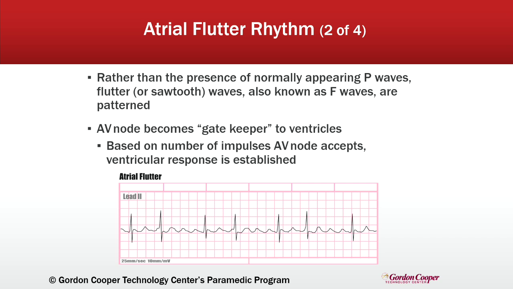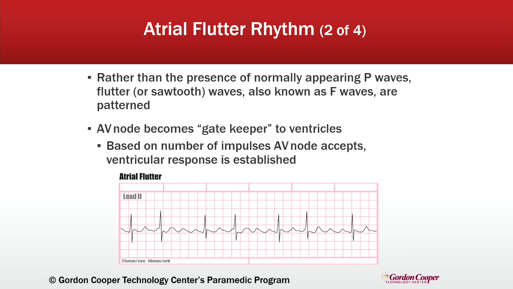Because the AV node can only conduct a limited number of impulses at a time, the ventricular response depends on how many impulses the AV node allows through. So this is often seen as a slower ventricular rate compared to the rapid atrial rate, and it can vary depending on how much the AV node is able to conduct.